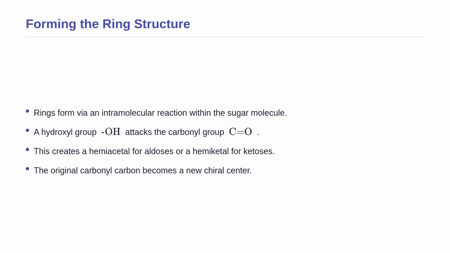This reaction creates a new functional group, which we call a hemiacetal for aldose sugars, or a hemiketal for ketose sugars. Importantly, the carbon atom that was originally part of the carbonyl group becomes a new chiral center. This means it is now attached to 4 different chemical groups, which will become very important when we discuss anomers later on.